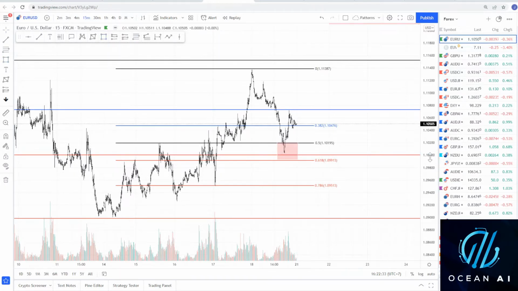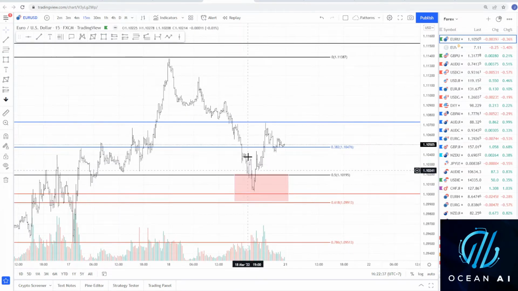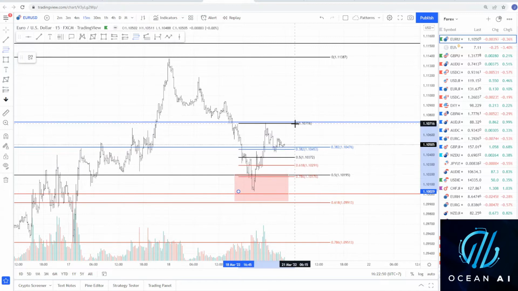And now we're looking at on this one, yeah, it could go either way. You got this A, B, C, D here. And then you got a little one coming back here into the 38% area. So yeah, it could go either way from here.